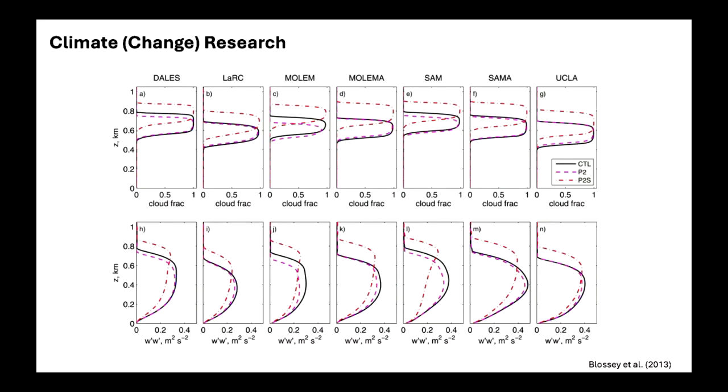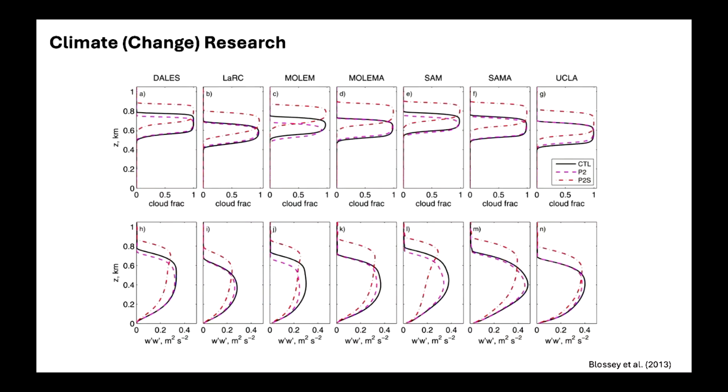They want to answer the question of how these subtropical low clouds are going to change in response to global warming. That's a very, very important question to answer because we know that these low clouds could either amplify or damp the climate change, depending on how they interact with the radiation.